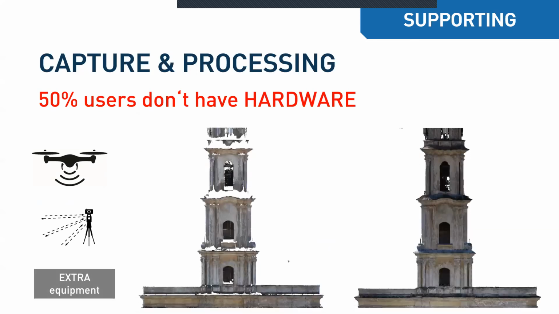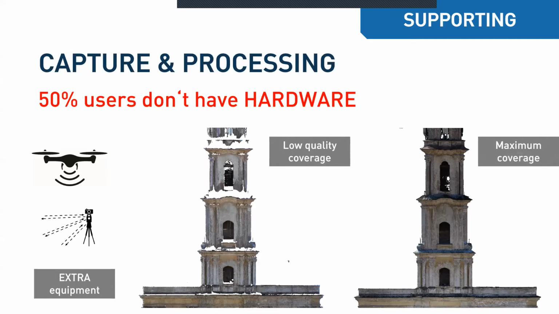And finally, there is point cloud. In this picture, you see both buildings. Both are point cloud data, and one point cloud is with low quality coverage, and another point cloud with maximum coverage.